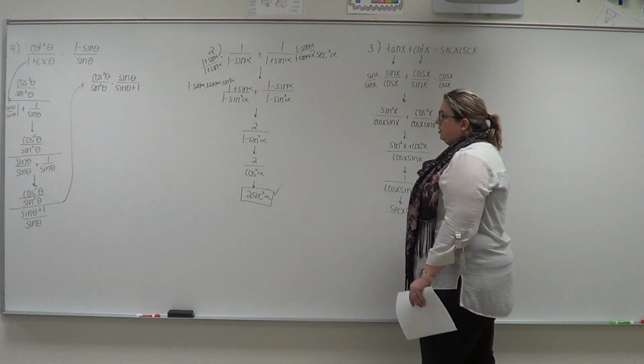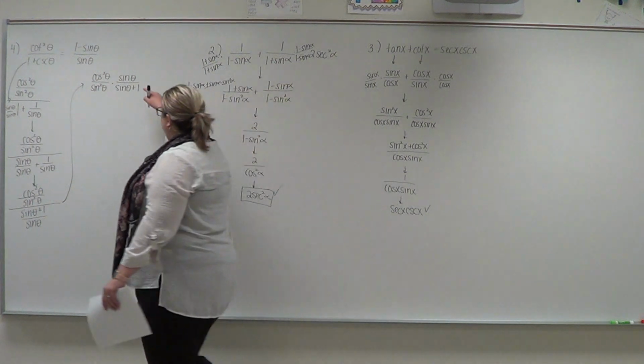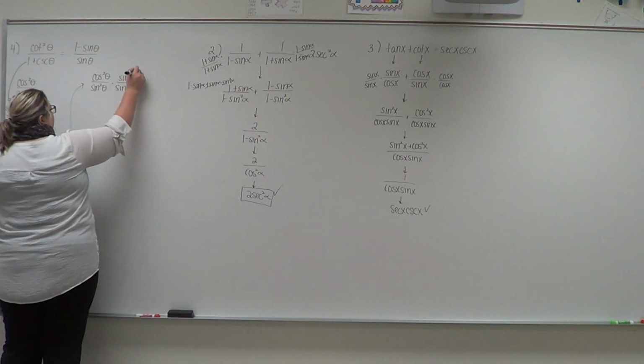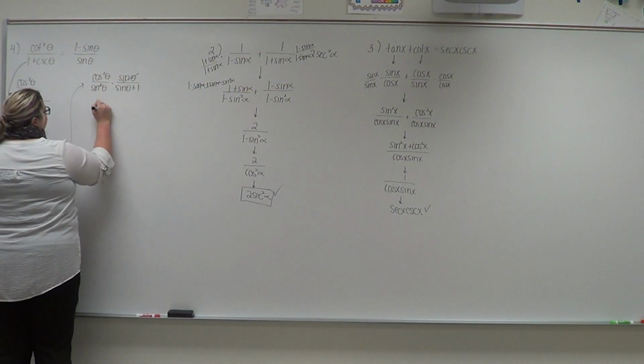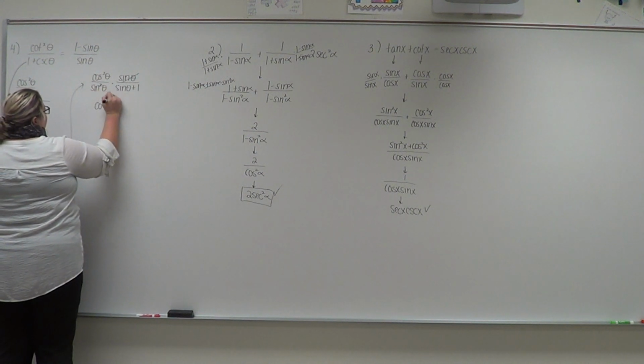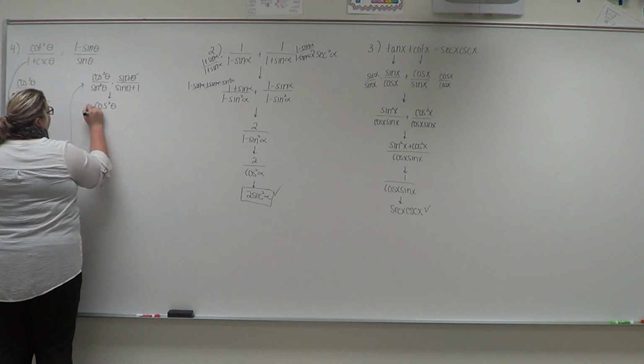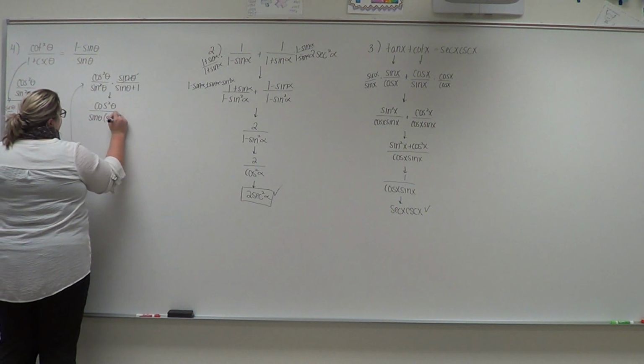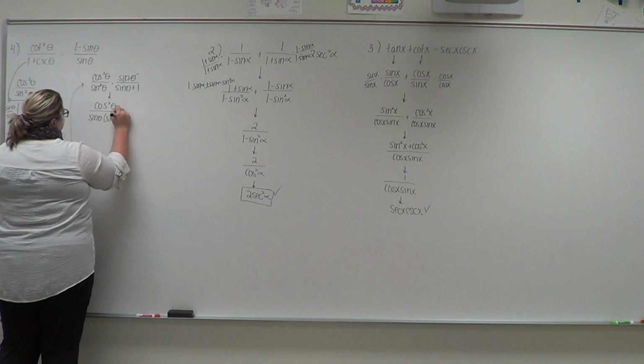Okay, well, the only thing that's going to cancel now is my sine. I have a sine here and a sine squared there, so this one cancels and I put just 1 there. So I have cosine squared over sine plus 1.